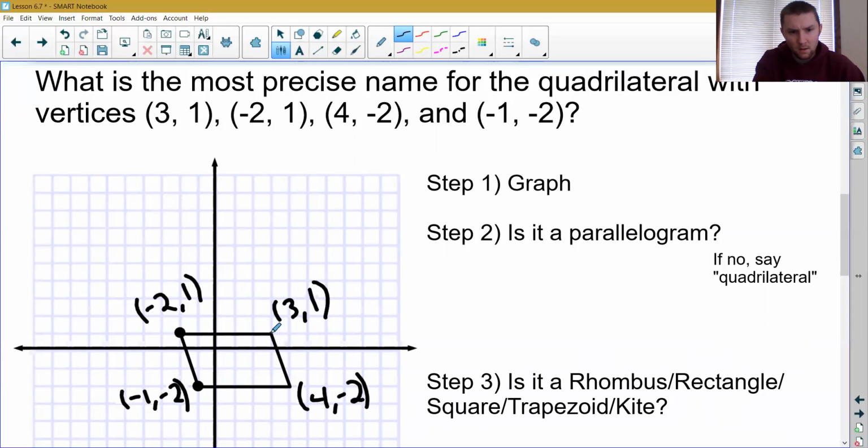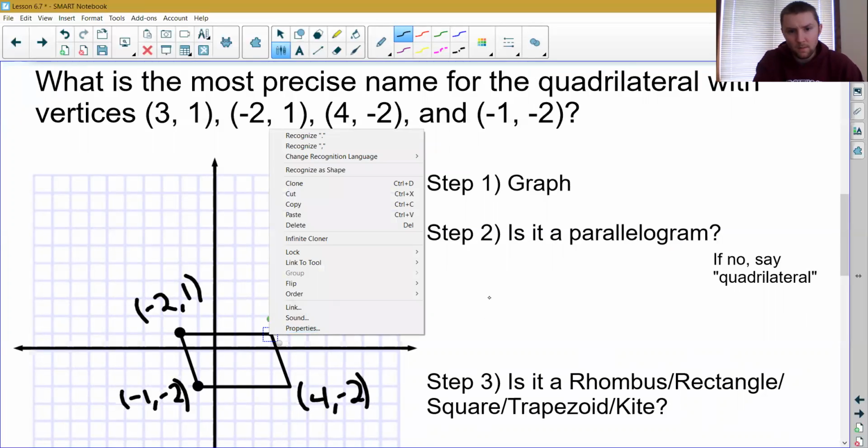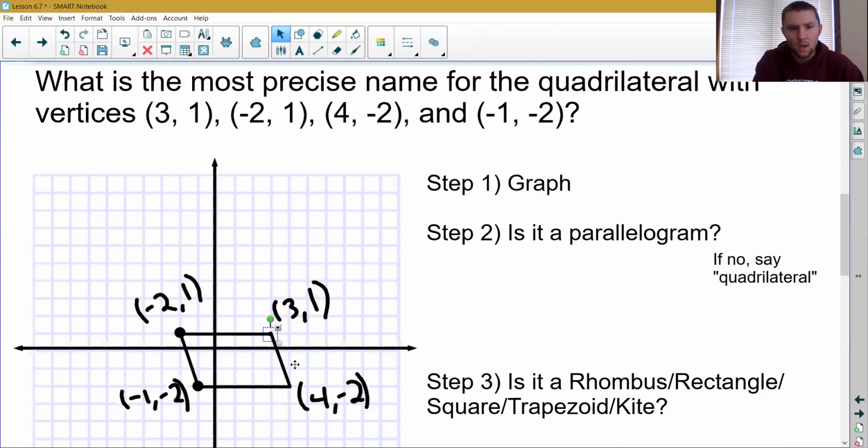All right, so that's one option. The other option is to use some of our properties, or some of our theorems, to prove that this is or is not a parallelogram.